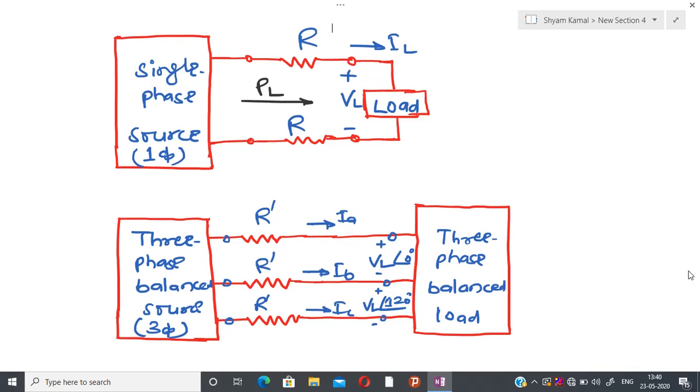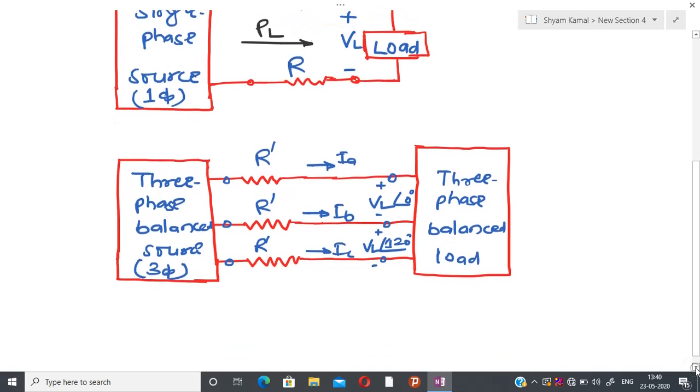Another assumption is that the line voltage, denoted here in this diagram by VL, between any two lines is VL, and I am assuming that the same power is absorbed by this resistive load. So let us first write all the assumptions.